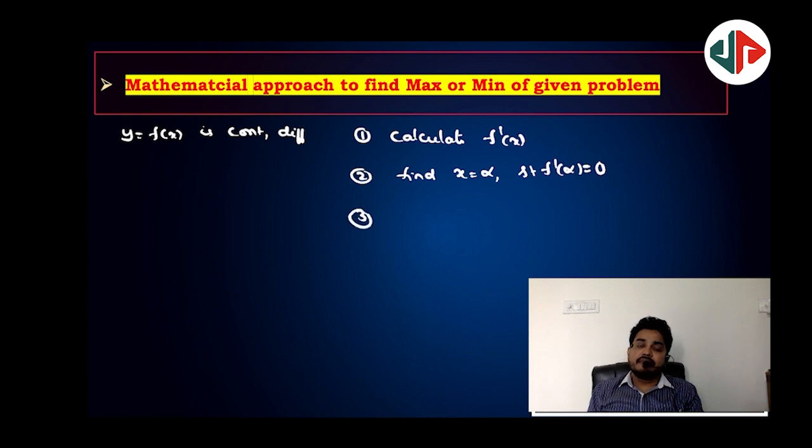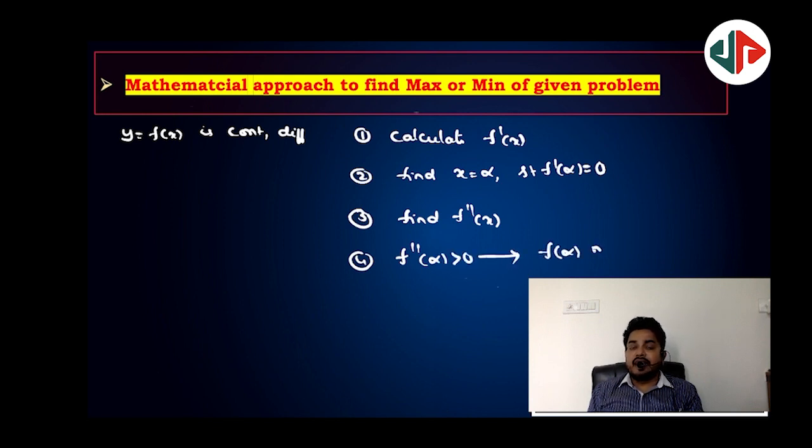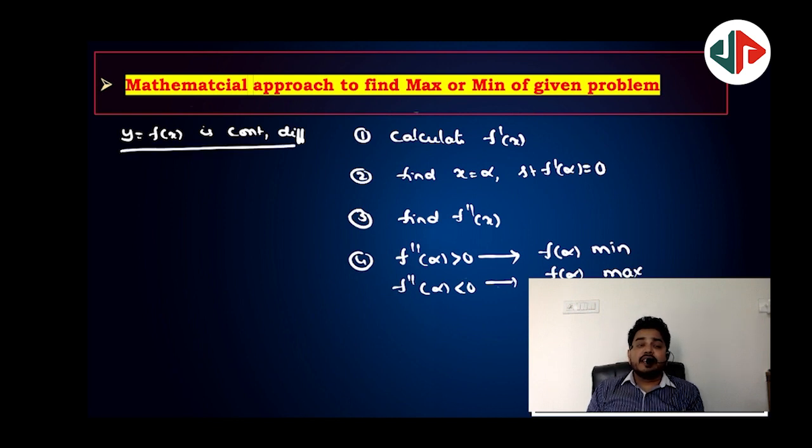Third step, find f double dash of x. Fourth step, if f double dash of alpha is greater than 0, then f of alpha is minimum, and if f double dash of alpha is less than 0, f of alpha is maximum. This is where the function is continuous and differentiable.